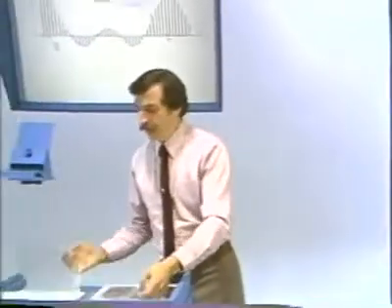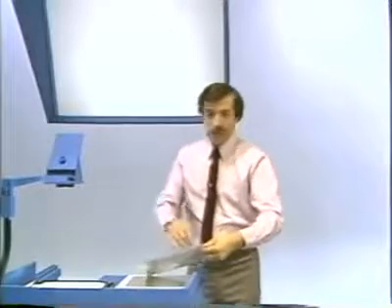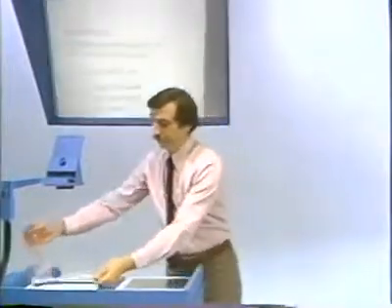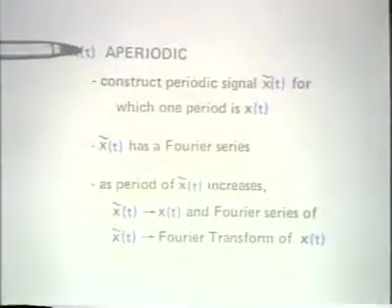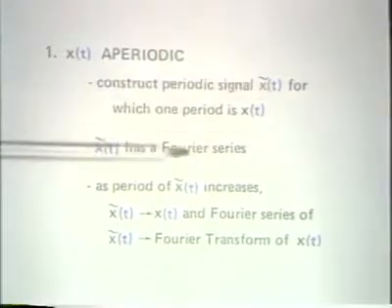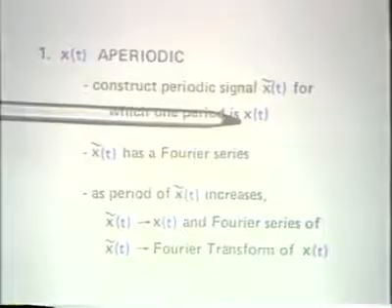And recall that this was essentially the trick that we used in continuous time to allow us to utilize the Fourier series to provide a representation of aperiodic signals as a linear combination of complex exponentials. In particular, in the continuous time case, when we had an aperiodic signal, we constructed a periodic signal for which the aperiodic signal was one period.